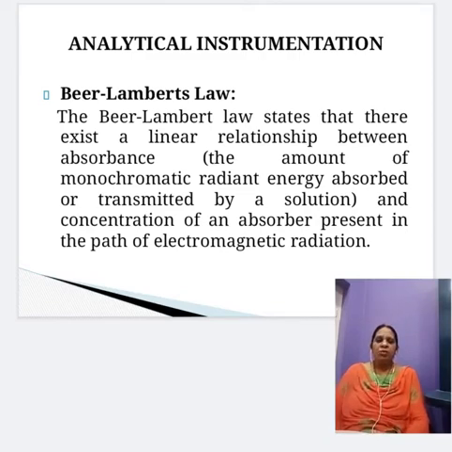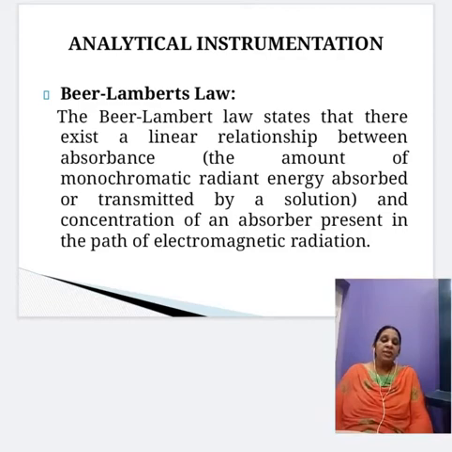So, when we are asked to state what is the Beer-Lambert law, it states that there exists a linear relationship between absorbance, the amount of monochromatic radiant energy absorbed or transmitted by a solution, and concentration of the absorber present in the path of the electromagnetic radiation.